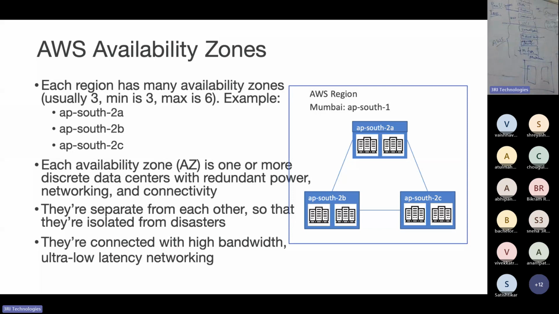One of the important things is that these data centers are connected. AWS has its own private network to connect them with each other. So applications can communicate with each other very fast because the latency is very small and the bandwidth is huge.